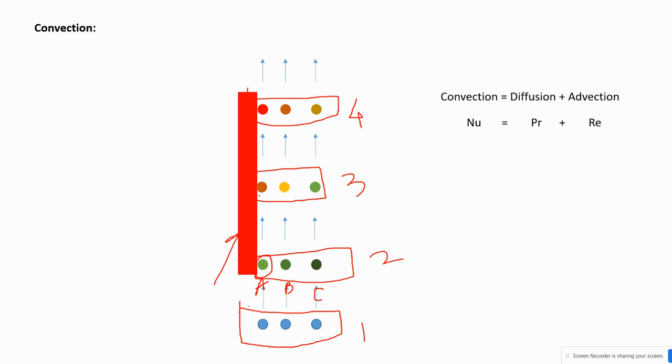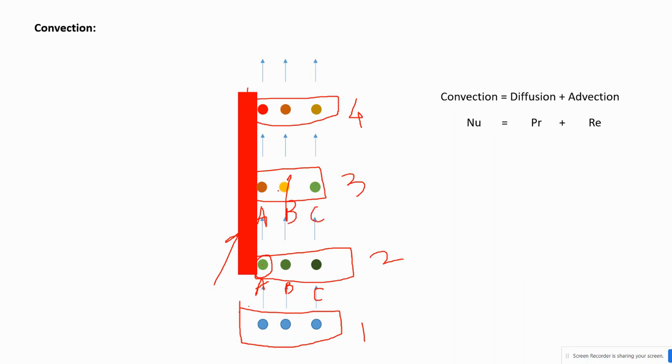When these particles reach point 3, they get more heat by diffusion. This is the A position particle, this is the B position particle, and this is the C position particle.